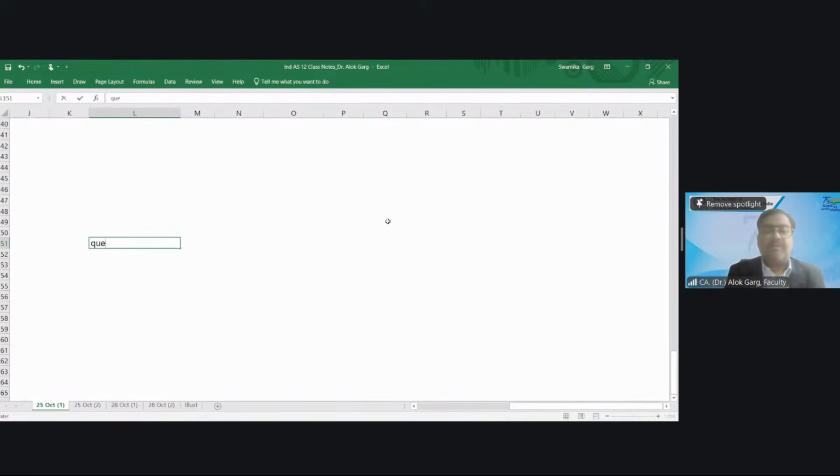Lavanya, Karthik, Rajat, Selindra, have you understood the question or not? Yes, sir, understood. So the question is talking about a building. The cost of the building is 20 crores. The life is 20 years.